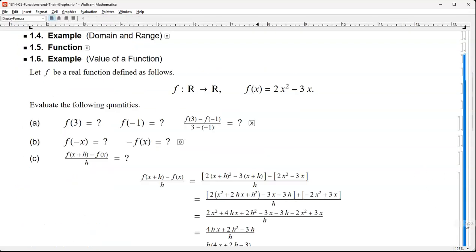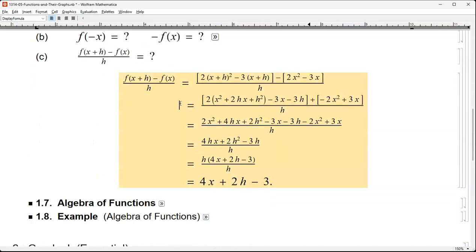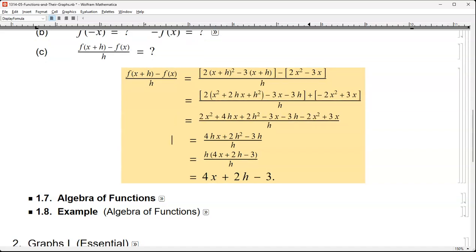Let me expand the font, maybe even further, so that you can read. So substitute x plus h in place of all the x, and this is complete square, so FOIL out, and distribute the -3, and then distribute this negative sign, and then distribute 2, and everything is positive here, so you lose all the brackets, and then take some like terms.